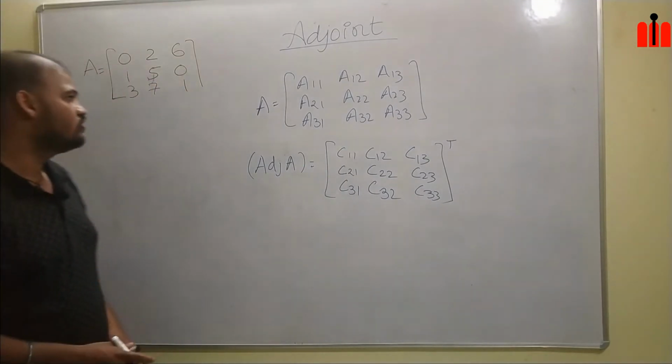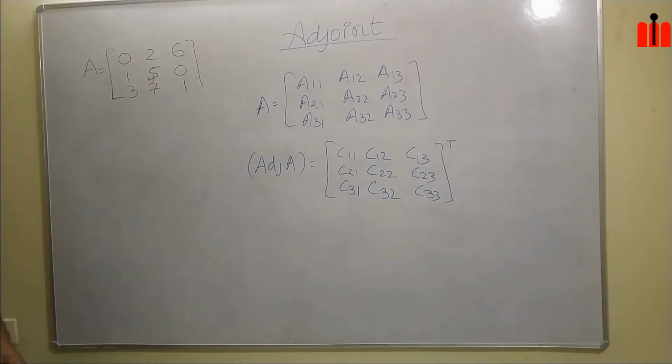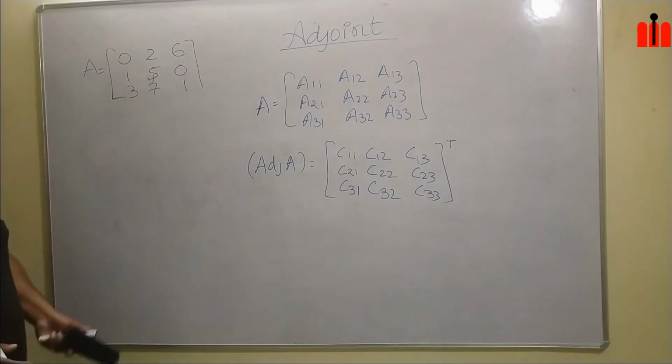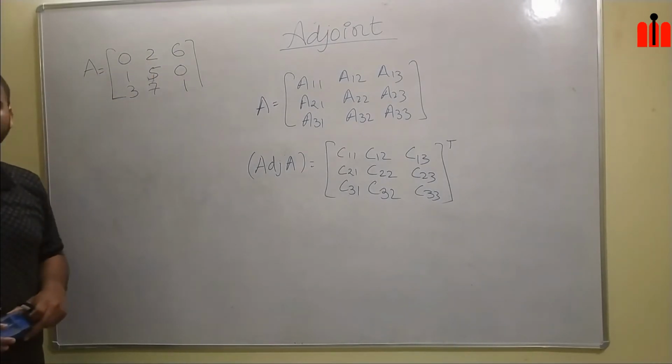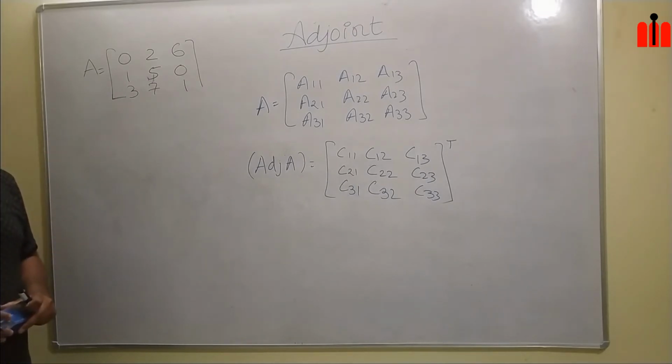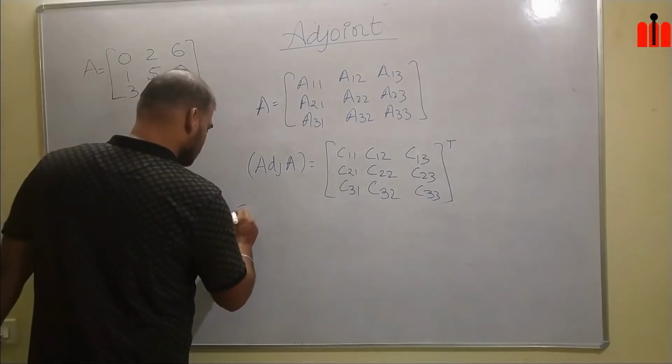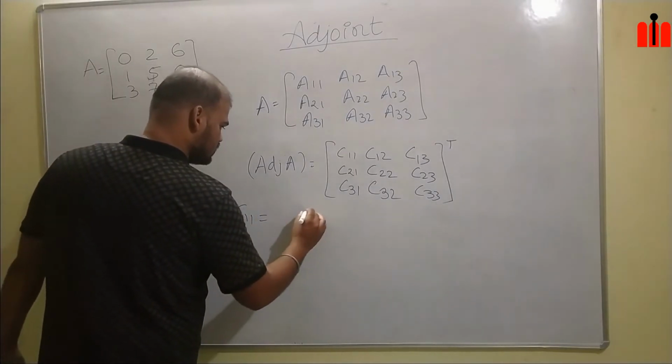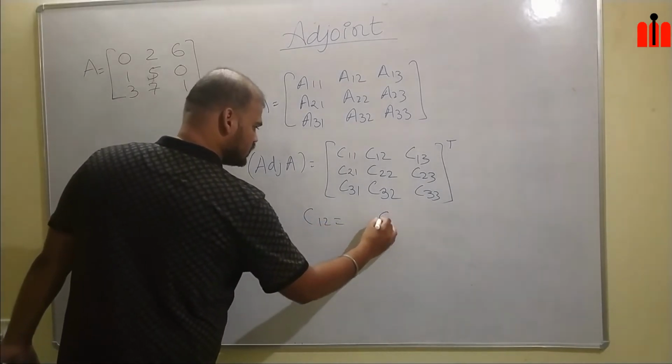We take the sample problem here, which is A = [[0, 2, 6], [1, 5, 0], [3, 7, 1]]. This is our matrix A. Now let's find C11, C12, C13.